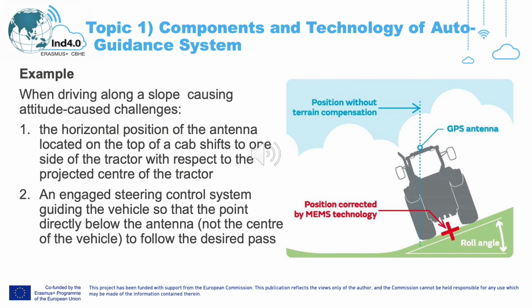For example, when driving along a slope, the horizontal position of the antennae located on the top of a cab shifts to one side of the tractor with respect to the projected center of the tractor. This causes an engaged steering control system to guide the vehicle so that the point directly below the antennae, and not the center of the vehicle, would follow the desired path.